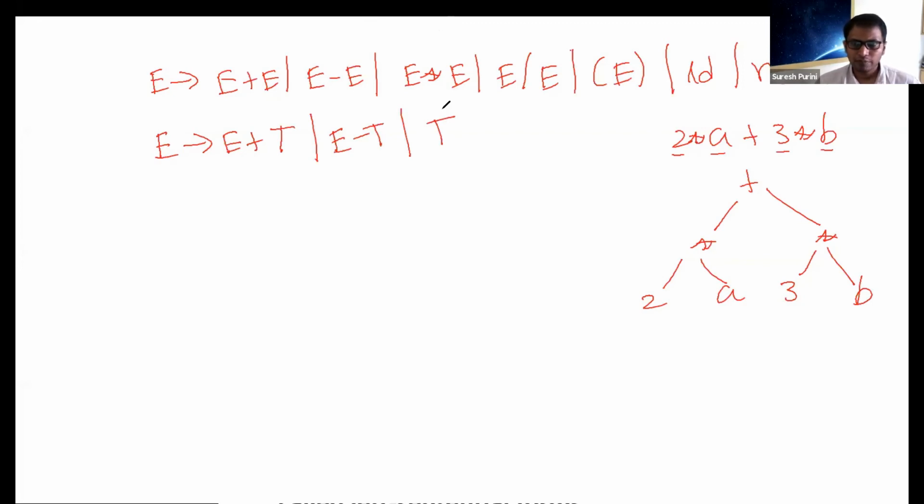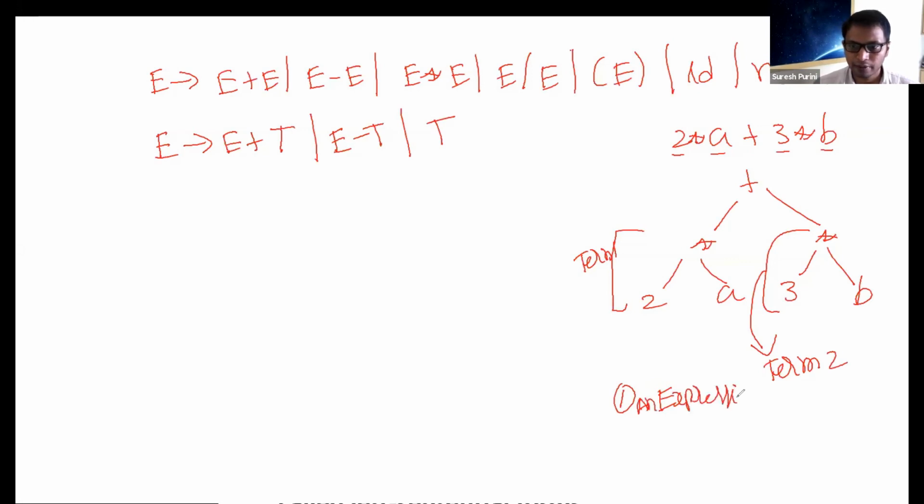So this is term 1, and then what we have here is another term, term 2. An expression is a sum of terms, that's the first step. When we say sum, it means either plus or minus.